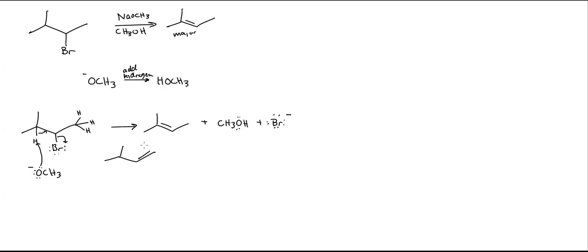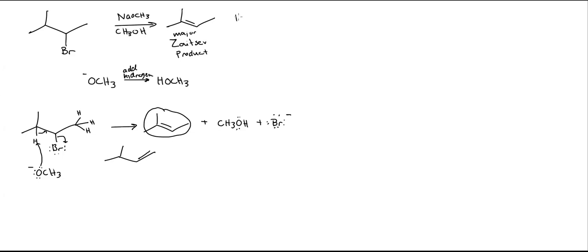So which one is more highly substituted? This one is more highly substituted compared to these two. So I'm going to form this one more often. The Zaitsev rule tells me that this is going to be the product I'm going to form. So this is also called the Zaitsev product because it follows the Zaitsev rule, all right?